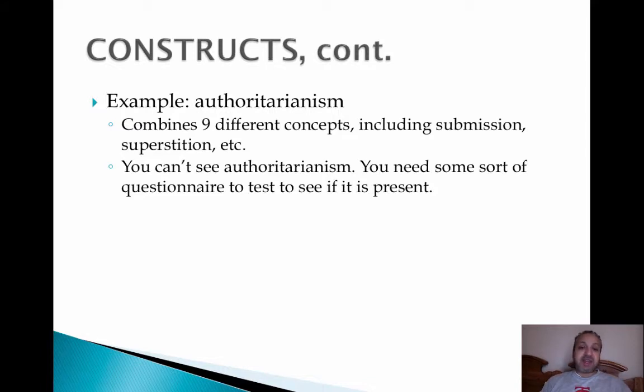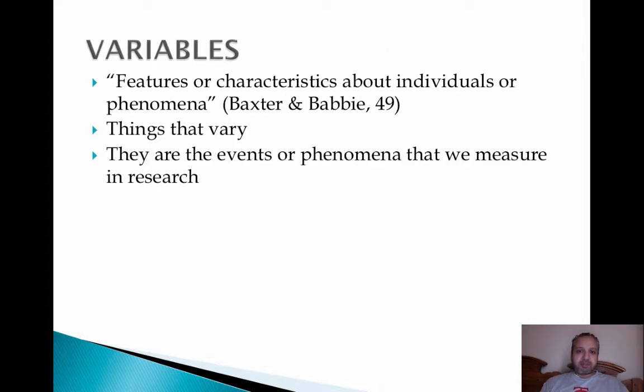You can identify it by examining some of these concepts that are subsumed by authoritarianism. Don't get too obsessed with the constructs. I just want you to understand it, because you might read it somewhere. But you're not going to develop any constructs necessarily in this class.